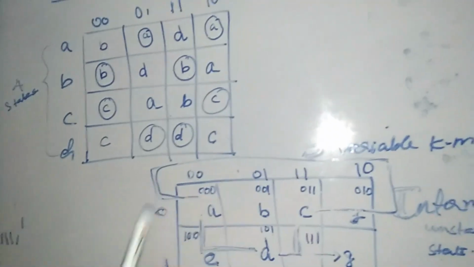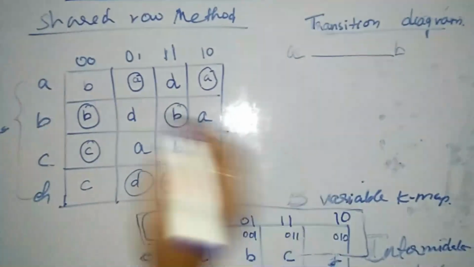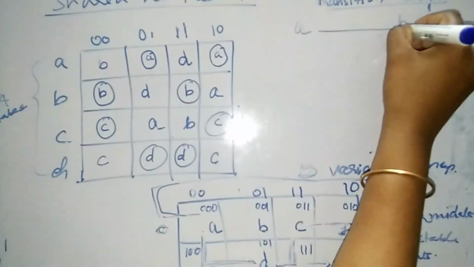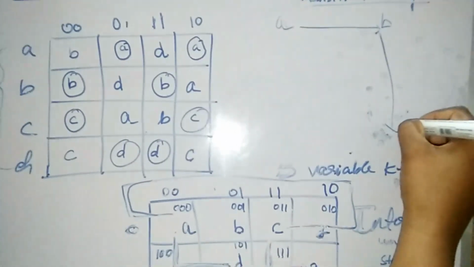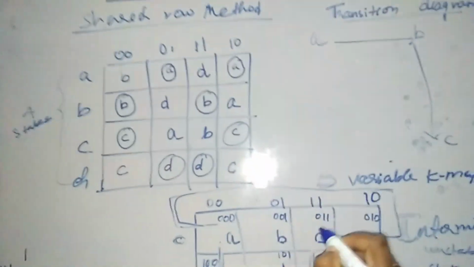So the transition diagram now becomes, see, this was before the addition of the intermediate state. Now, after finding out the intermediate state, my transition diagram will be like A, B. A to B I'm taking, from B to C. From C to A, if I have to go, there is an intermediate state F, right?